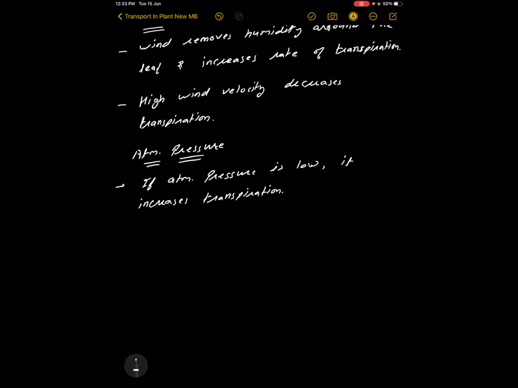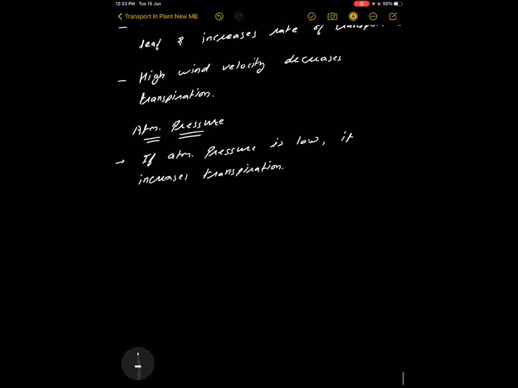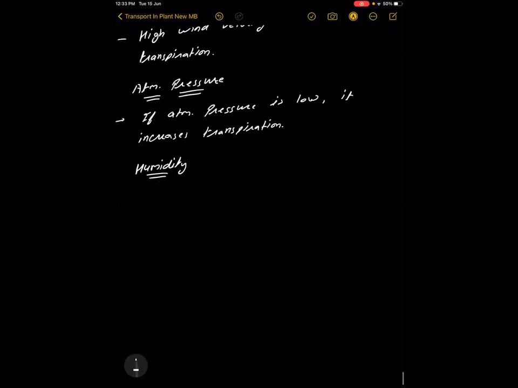Now, the inversely proportional factor, that is humidity. If humidity is there around the leaf, transpiration rate is decreased. The amount of vapor present in the atmosphere decreases transpiration.